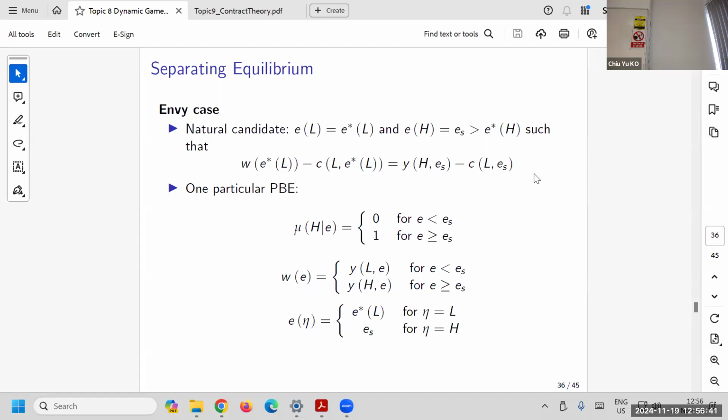Anyway, in that case, you see this education level: 1, otherwise 0. Then everything is the same, so everything follows. The W would follow the mu because it's the expected productivity, and this education level is given by that one. And then it can easily be seen from the graph.